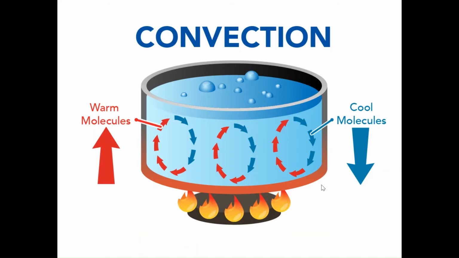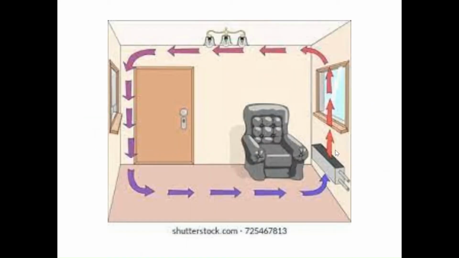Here we were talking about liquids. Hot goes up, cold goes down. Here we're talking about gases. Hot goes up, cold goes down. As the hot air is rising, it's pushing the colder air down into this space heater.